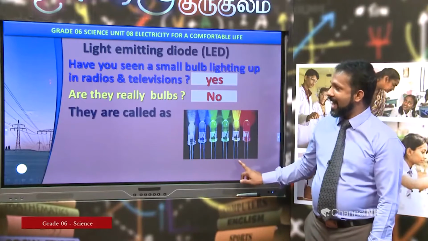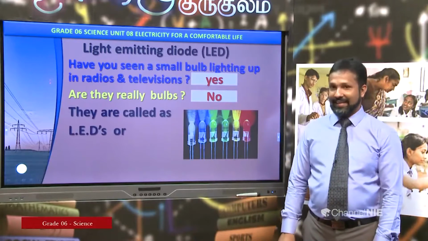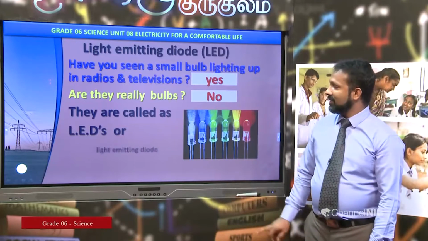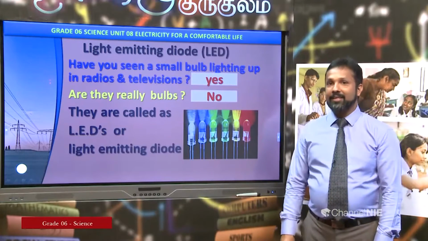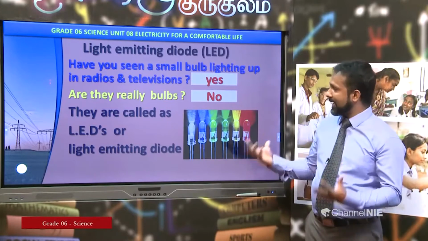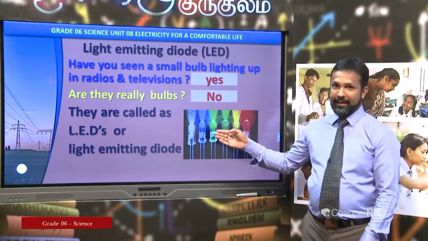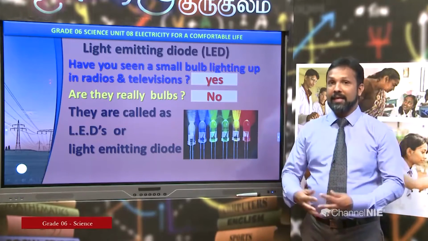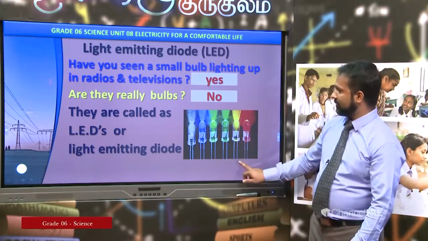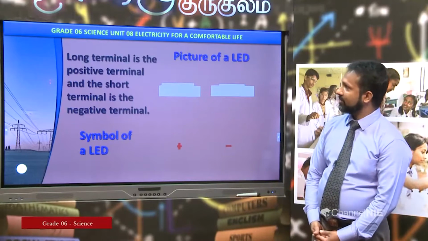They are called LEDs or light emitting diodes. As you can see, there are different types of LEDs that emit different colors of light. Right.